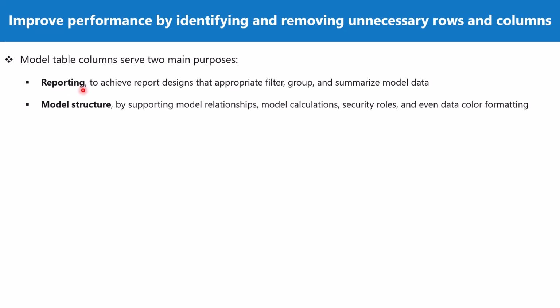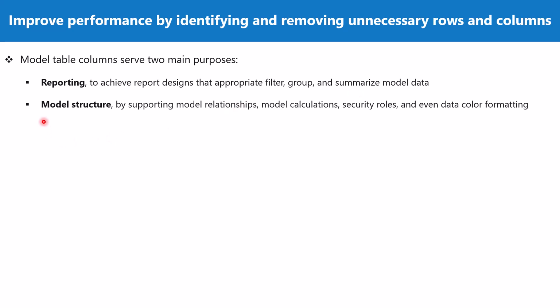A column is included to achieve the report designs that filter, group, and summarize the model data. Once we have a column inside either a fact table or a dimension table, the purpose of that column is to enable the report design and analysis, by using that column for filtering, grouping, or summarizing the model data.